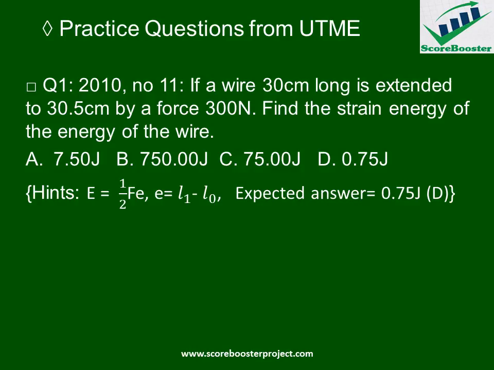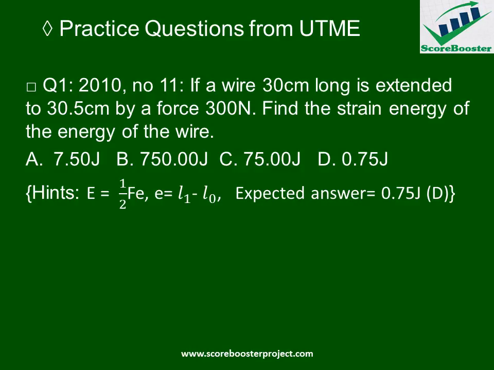Now on to practice question from the UTME, and the question here comes from 2010, number 11, and the question goes thus: if a wire 30 centimeter long is extended to 30.5 centimeter by a force of 300 Newton, find the strain energy of the wire.